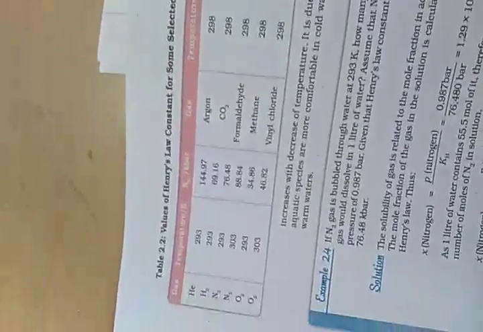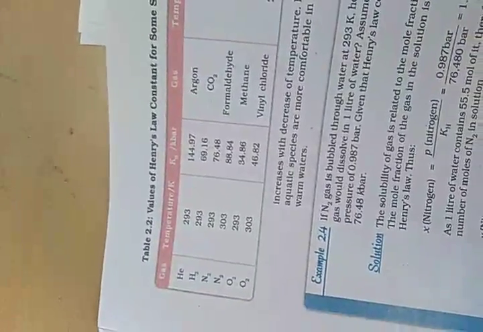Now I will show you Henry's law constant in different tables. You see the values of Henry's constant on page number 42: helium, hydrogen, nitrogen, oxygen.